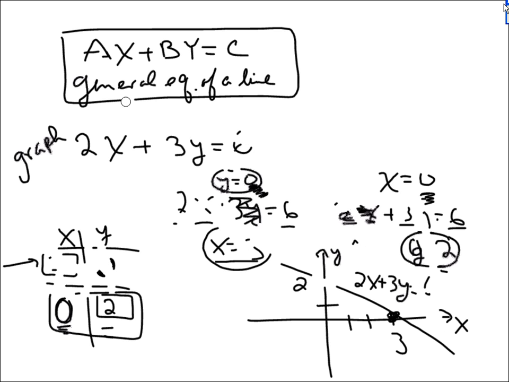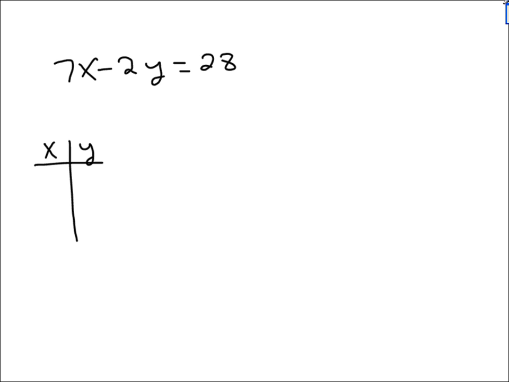You could have rewritten it as y equals mx plus b and then done it the old way, but that'd be too hard, I think. Try another one. You have 7x minus 2y equal to 28. Let x be 0 and then find y.